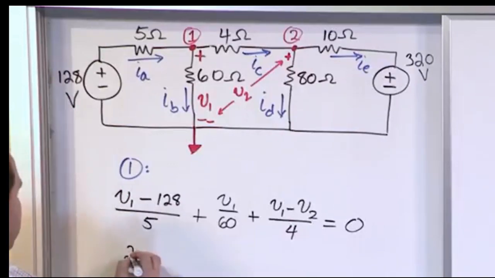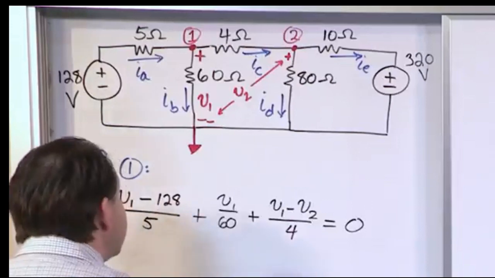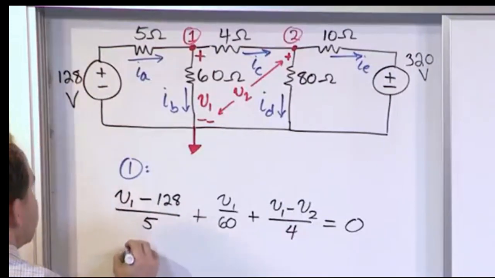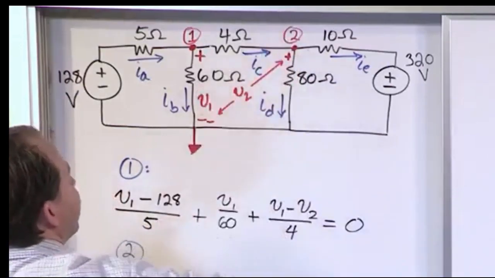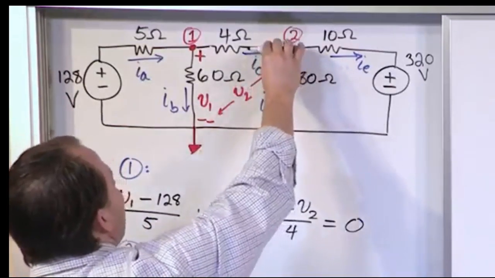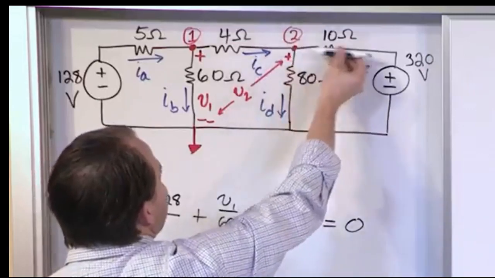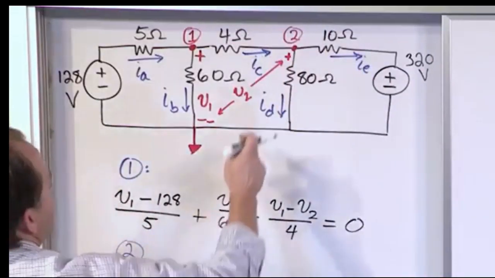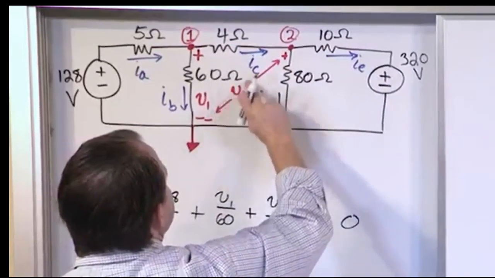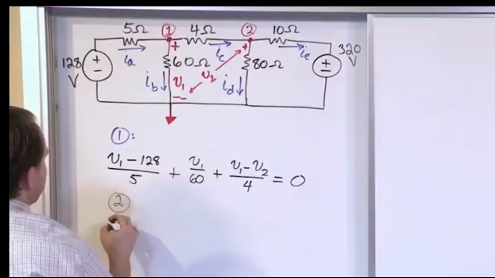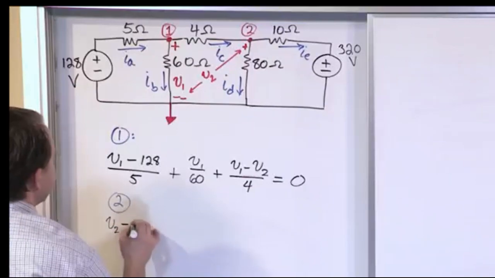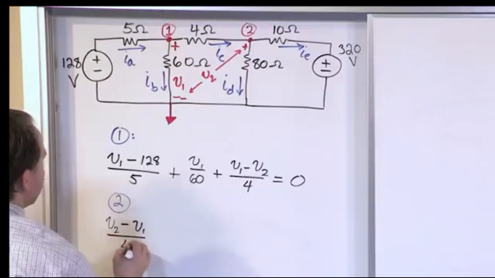Equation number 2, let me actually switch colors just to make it easy to follow. Node number 2, I should say, is over here. So we want to find the current going out this way, and out this way. So going through the 4 ohm resistor is going to be V2 minus V1 over 4.